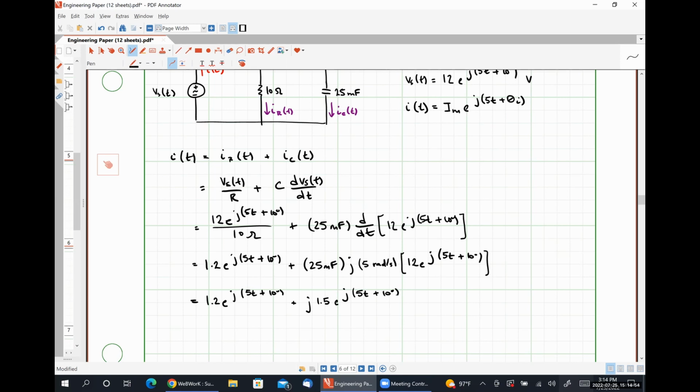So the derivative of e to the alpha looks like alpha e to the alpha. In this case, alpha was j5t, so j5. That's why I pulled down that j5. So that all looks to check out. All right.